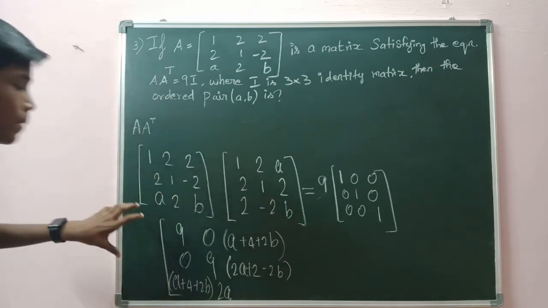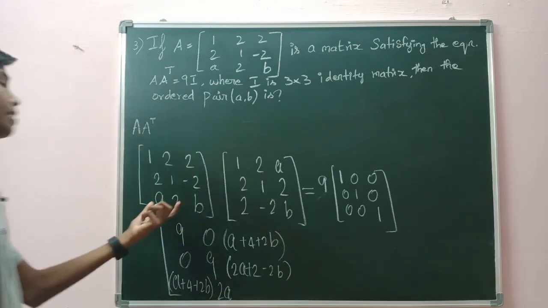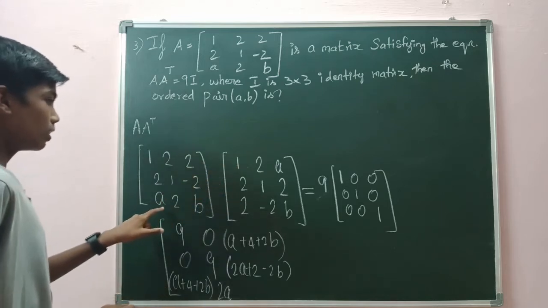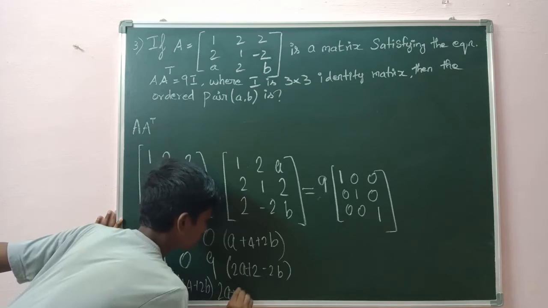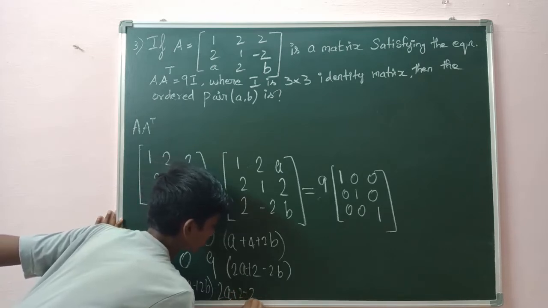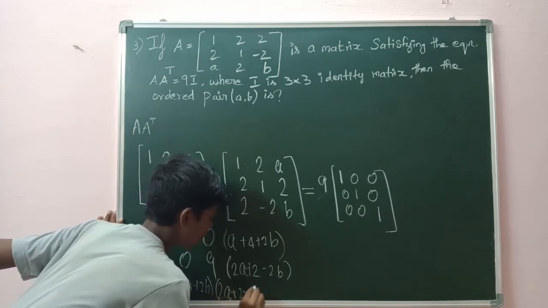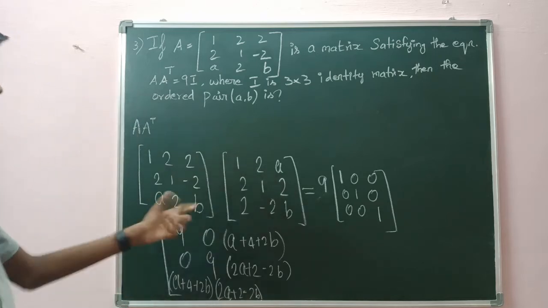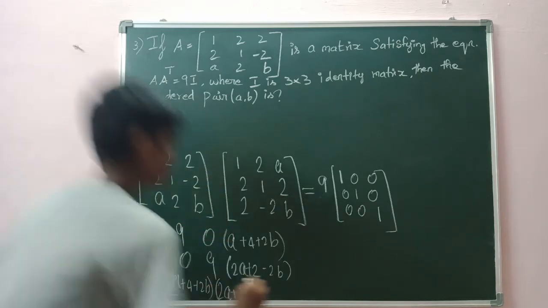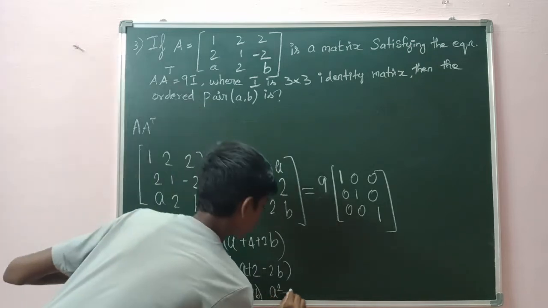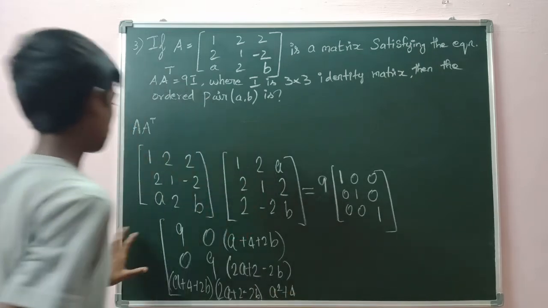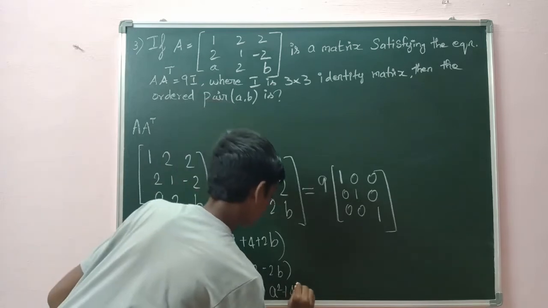Guys, this looks very big, so you need to understand it very carefully. Third row into second column will be 2A plus 2 minus 2B. Now the last element will be third row into third column, that will be A square plus 4A plus B square.